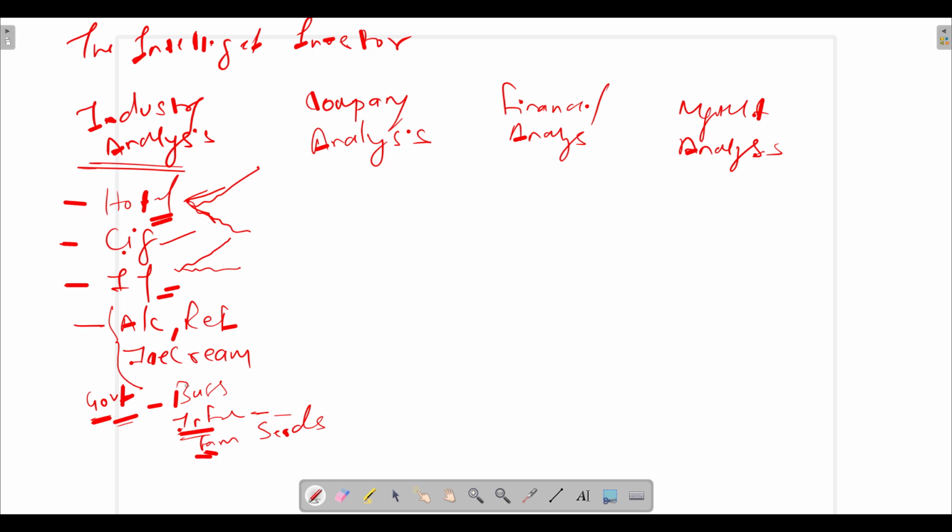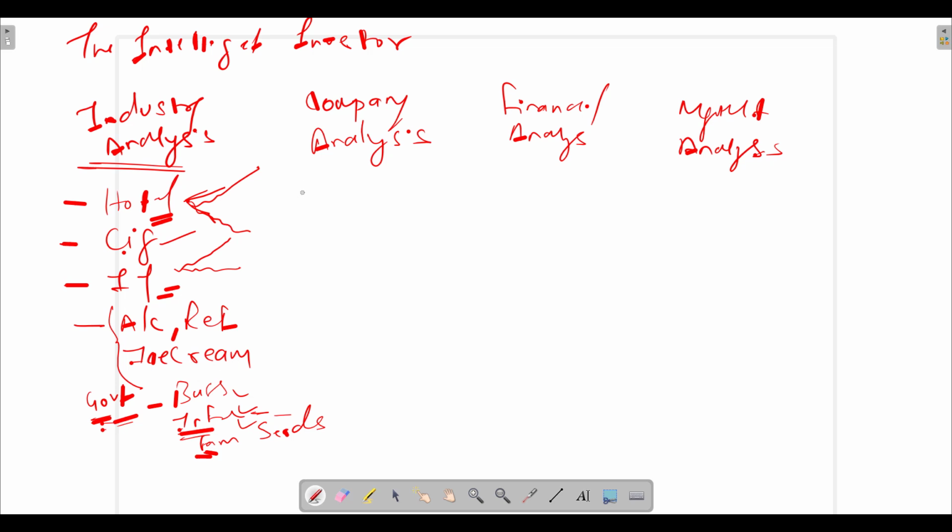And there are so many aspects in industry analysis itself. One of them is government, and then FDIs, whether foreigners are being attracted towards these kinds of industries or not. And there are many other aspects related to industry analysis.